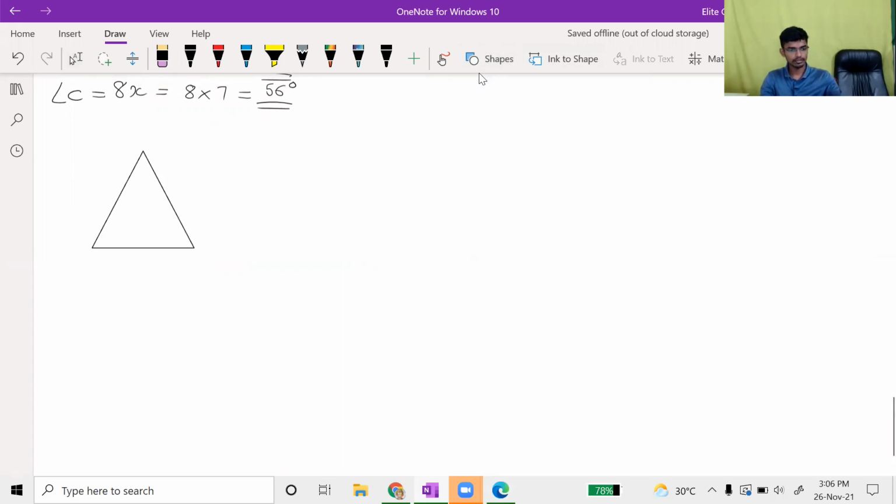If this is a triangle A, B and C, and you know this is 60 degree and these both are same, the sum of this triangle will be angle A plus angle B plus angle C. Am I right or wrong? Yes, sir. Which will be 180 degree.